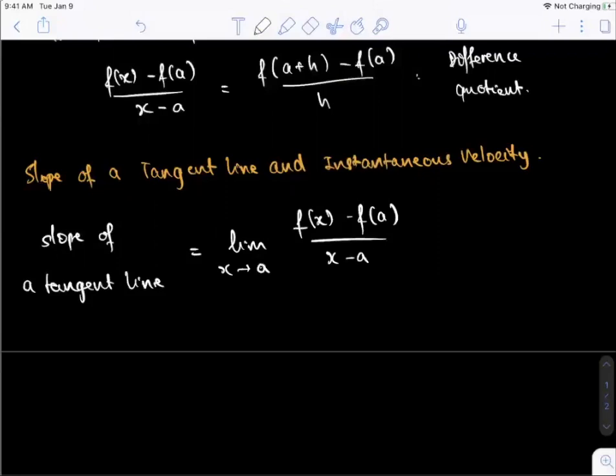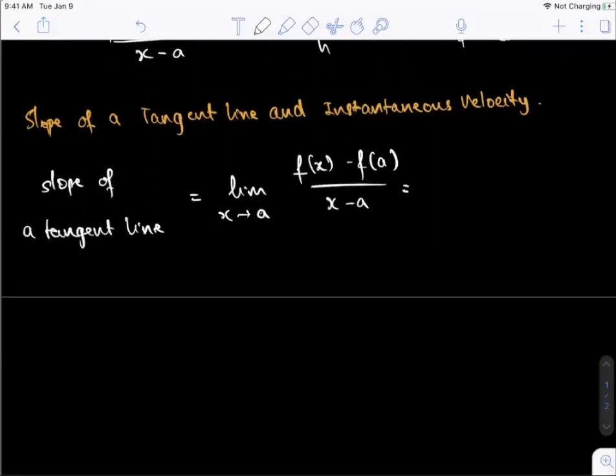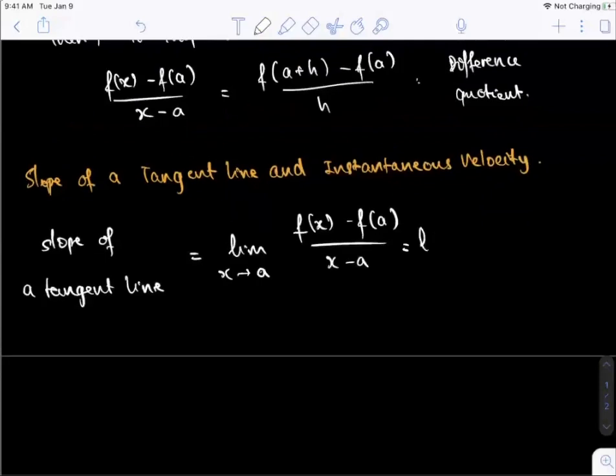Without the limit, that is the difference quotient, the slope of the secant line. But when you apply a limit as x approaches a, you have the slope of the tangent line. And another formula is the limit of f(a plus h) minus f(a) over h as h approaches 0.